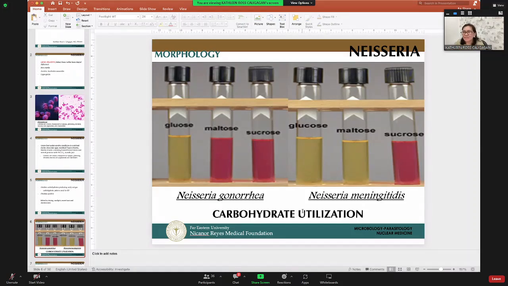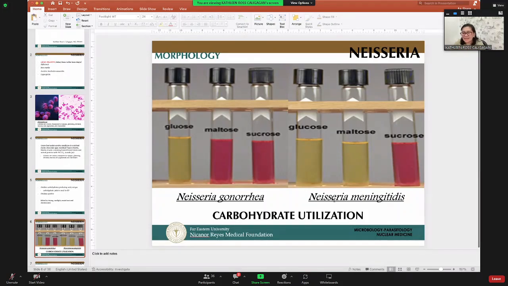So using carbohydrate utilization, you can differentiate them. Neisseria gonorrhoeae is capable of oxidizing glucose, whereas Neisseria meningitidis can oxidize glucose and maltose. There is another species, Neisseria sicca, which can utilize sucrose, but never mind that.